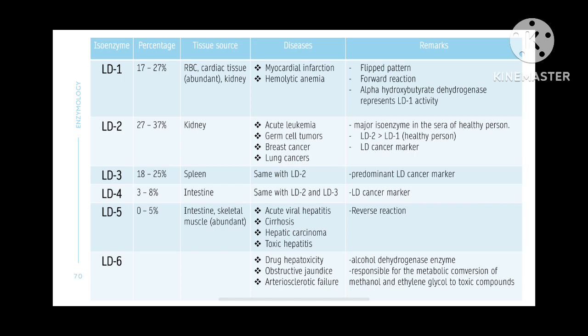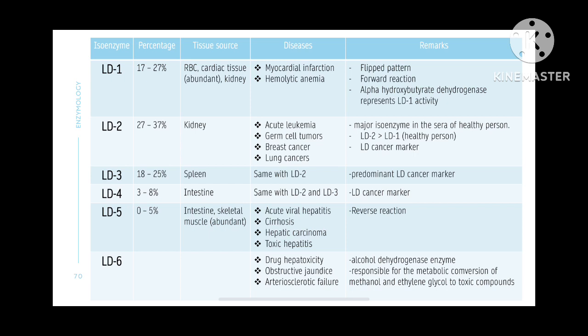The LD4 and LD5 isoenzymes are found primarily in liver and skeletal muscle tissue, with LD5 being the predominant fraction in these tissues. LD5 levels have greatest clinical significance in the detection of hepatic disorders, particularly intrahepatic disorders.